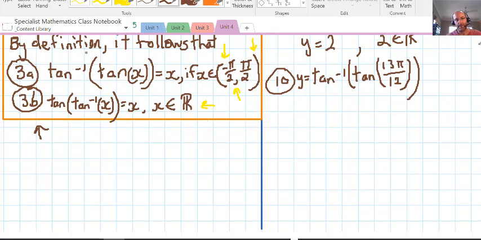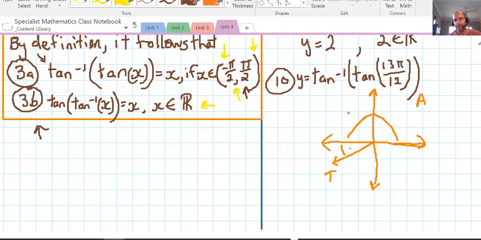Now, what about 10 here? Can we use definition 3a? Okay, so we have inverse tan of tan x, where x is in the restriction? No, it's not. It's outside of that, because in the positives, pi on 2 would be 6 pi on 12. So, is there a way around this using equivalence? If we think about positive values of tan, 13 pi on 12 will get us into the third quadrant.